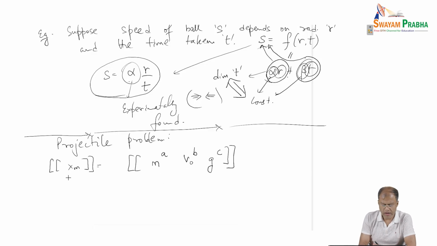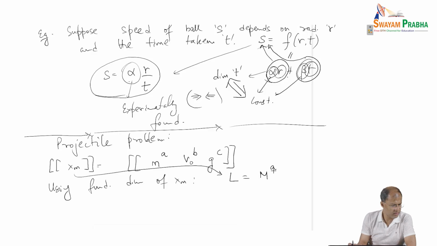So we are assuming that the maximum height is in the form of some ratio. Now using fundamental dimensions, the dimension of xm on the left hand side is L, and on the right hand side it is m to the power a, times velocity, which is L over t, to the power b, times the acceleration due to gravity, which is L over t square, to the power c.